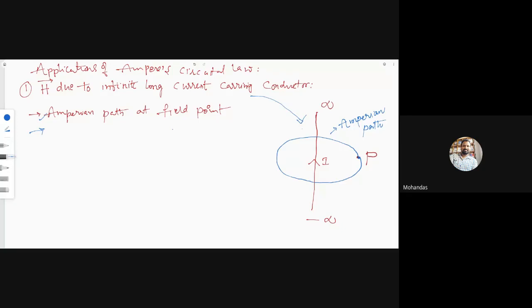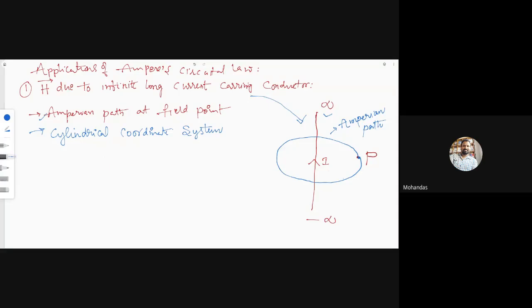As this conductor is in the shape of a cylinder, which coordinate system is suitable? Cylindrical coordinate system. Yeah, very good. Cylindrical coordinate system is suitable.